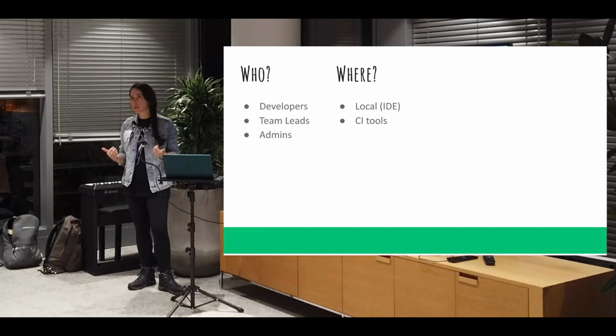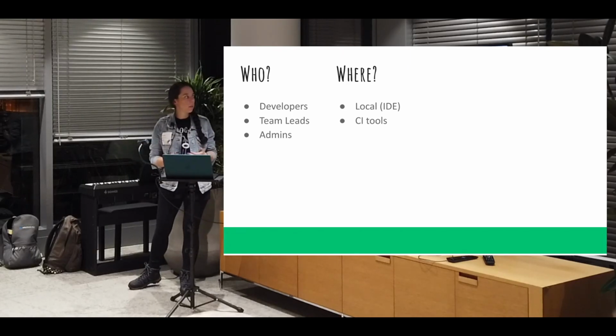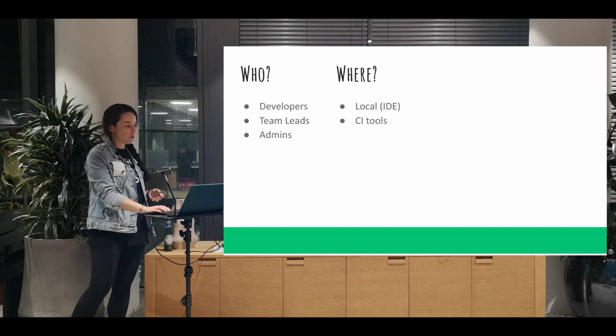All our metadata is written in XML. You can actually have rules to say, oh, when you're naming a field, it should follow this standard. Or when you're naming a flow and you bring it into the repo, it should have this naming convention. So this is a way admins can use PMD, or with admin PMD, and team leads always keep an eye on the quality of the source code in general.